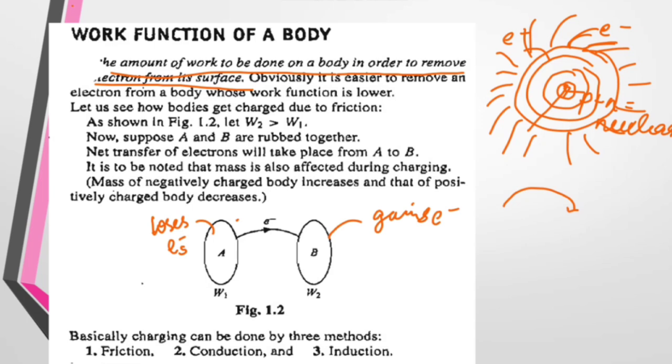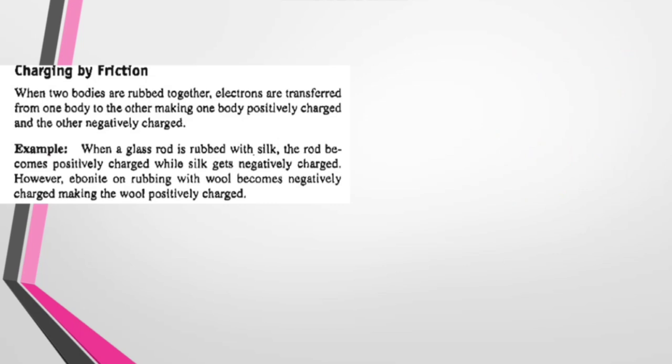And how can I charge a body? By three methods: friction, conduction and induction. When I say charging by friction, that means electrons are transferred from one body to another. One body becomes positively charged, and the other body, which gains the electrons, becomes negatively charged.